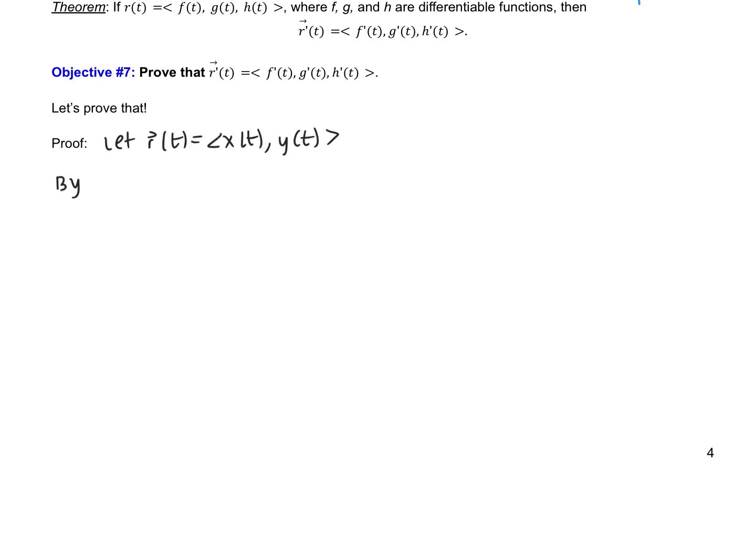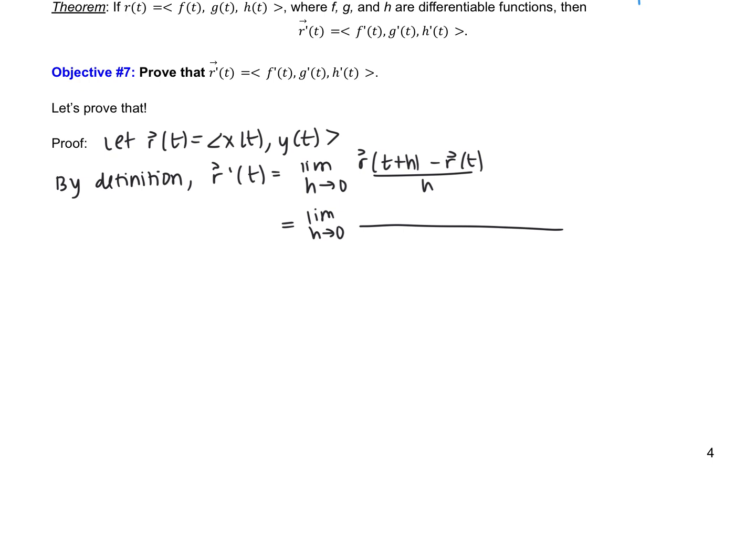By definition, r prime of t is going to be the limit as h approaches 0. I'm going to start by just writing the definition. So this is going to be r of t plus h, subtract r of t, over h, which in our case is the limit as h approaches 0.